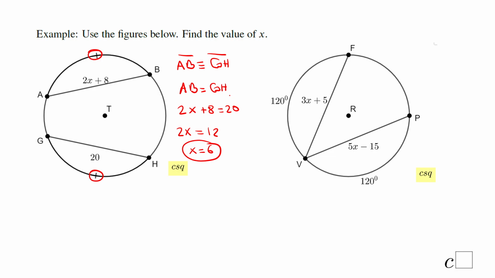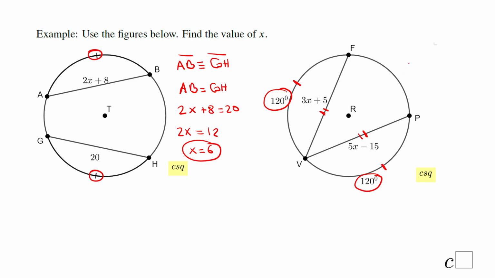Let's take a look at the next problem, and what do we notice here? We notice these two arcs have the same measure, 120. They are congruent. That means the corresponding chords are congruent also. So that will be my first thing to write here.